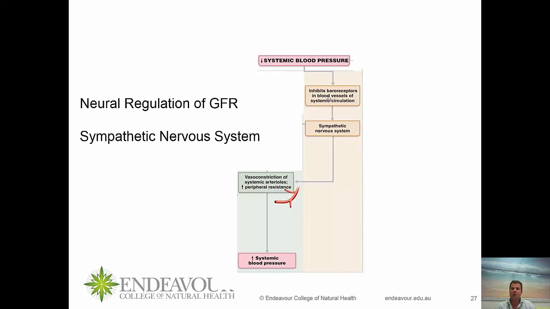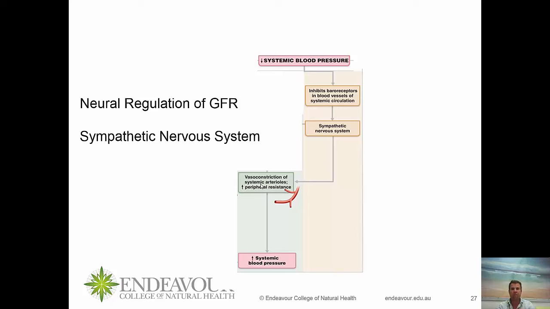And when we've got a drop in blood pressure, the baroreceptors detect that. And the baroreceptors then fire off and tell the sympathetic nervous system, I've got a drop in blood pressure. What that does is the sympathetic nervous system responds and causes vasoconstriction of the systemic arterioles to increase peripheral resistance. Okay, we're increasing our peripheral resistance, which means we're vasoconstricting.